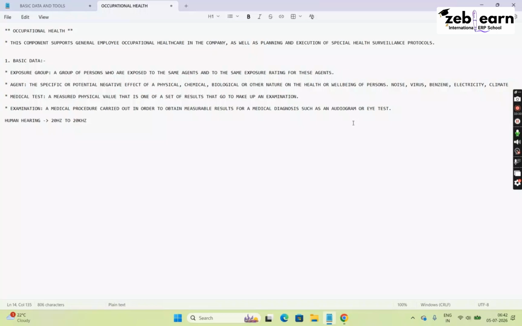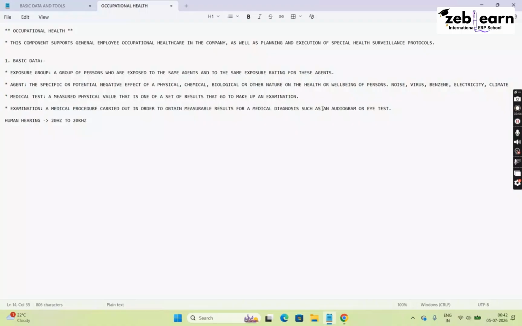Another point is, see what happens in an examination, they will carry out more than one medical test. I can say that an examination is a collection of medical tests. That is why they call it a medical procedure, not a medical test. Why?